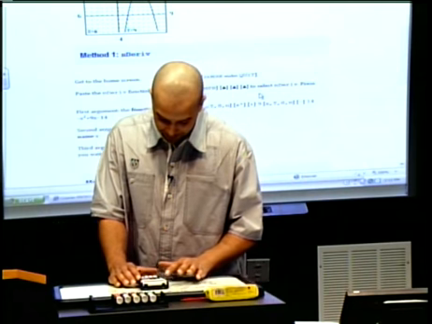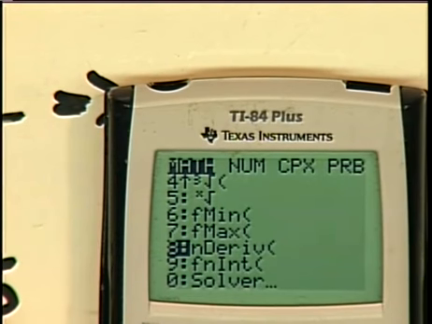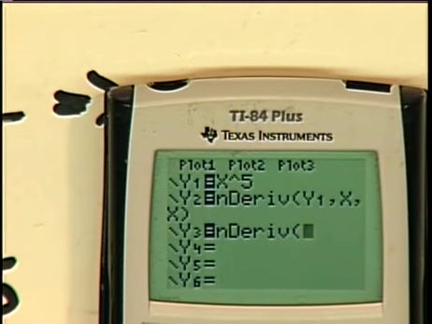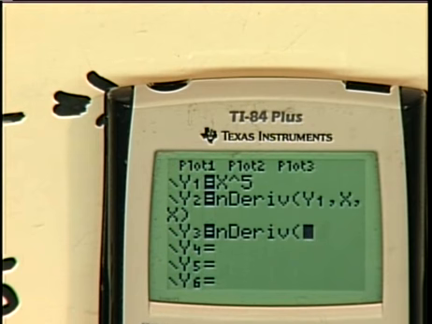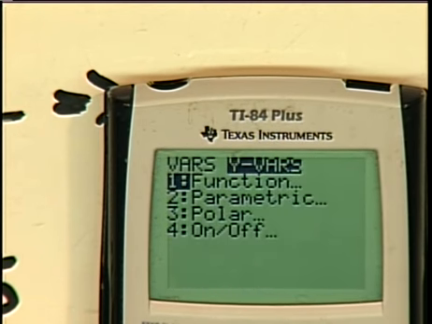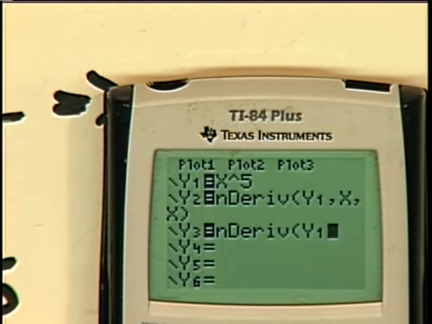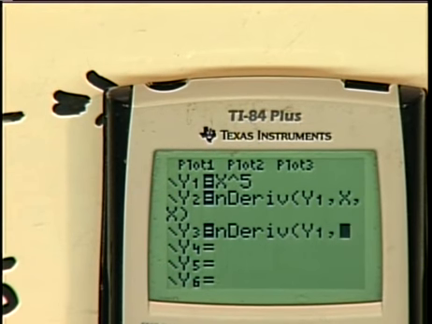I'm going to do it one more time too. Math, number 8 option. Variable, y variables, function, y1. That's the y1 we entered right here. Comma, x, comma, x.